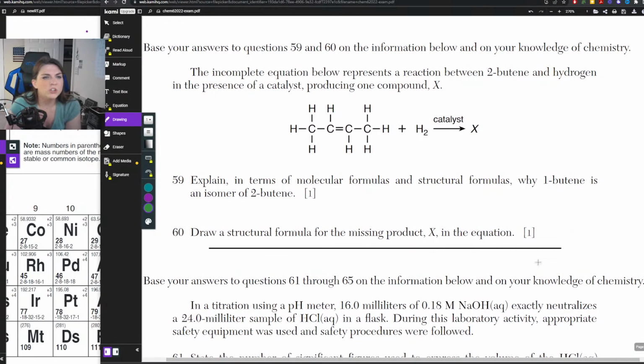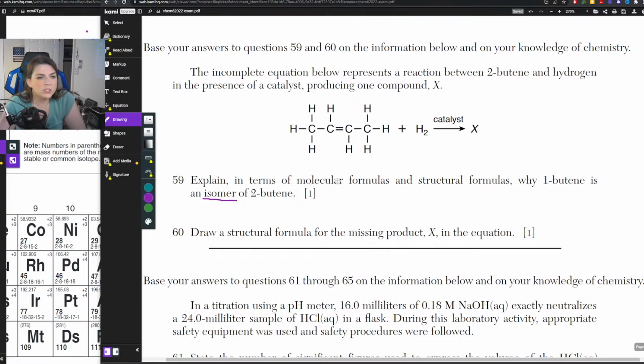Okay, for number 59. An incomplete equation below represents a reaction between 2-butene and hydrogen in the presence of a catalyst producing one compound X. We don't know what it is. Explain in terms of molecular formulas and structural formulas why 1-butene is an isomer of 2-butene. Okay. Isomers mean that they are made of the same stuff but constructed differently.